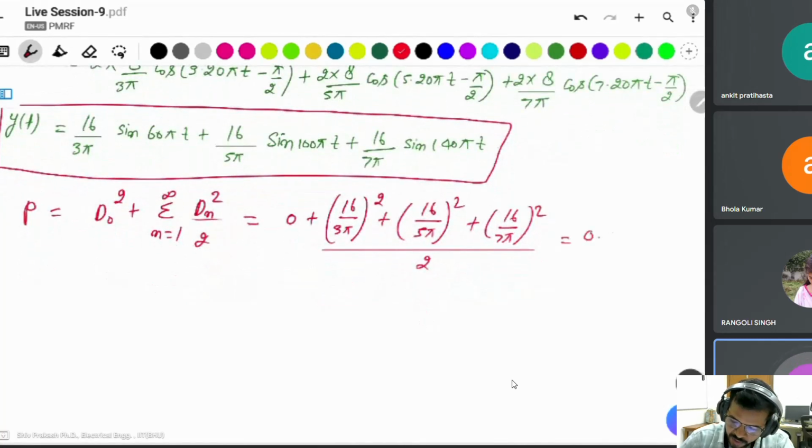This will be 2.22 watt. And the RMS of the signal is the root of P, the root of 2.22, which is equal to 1.49.